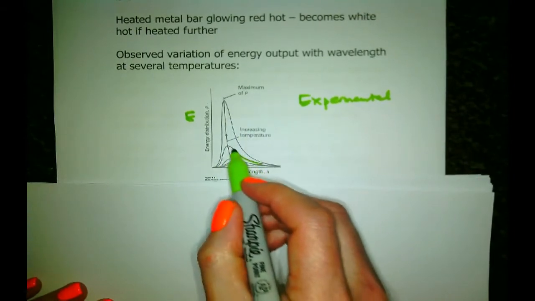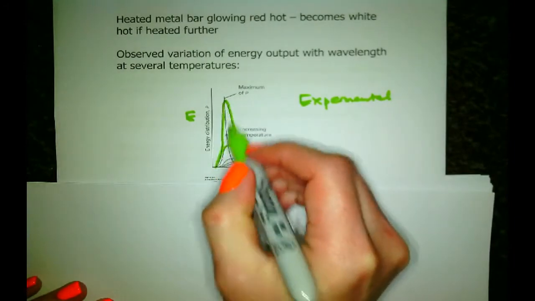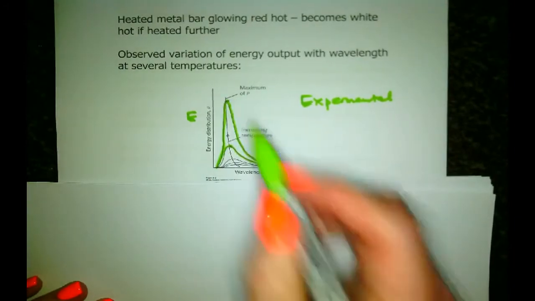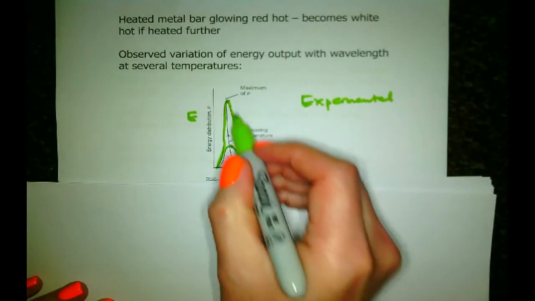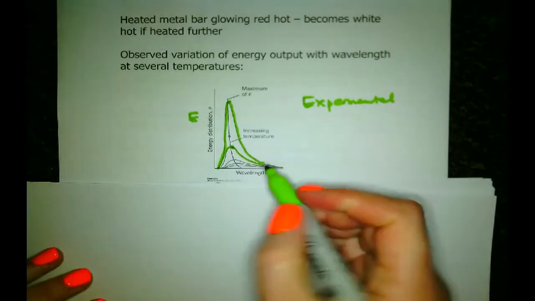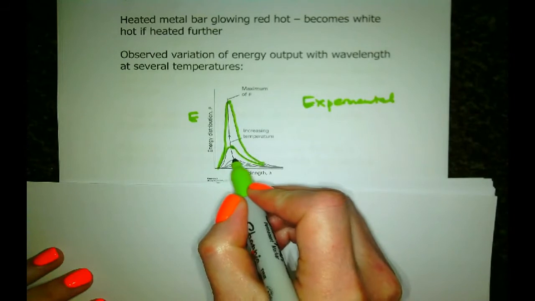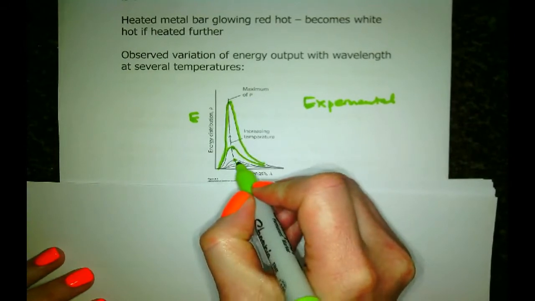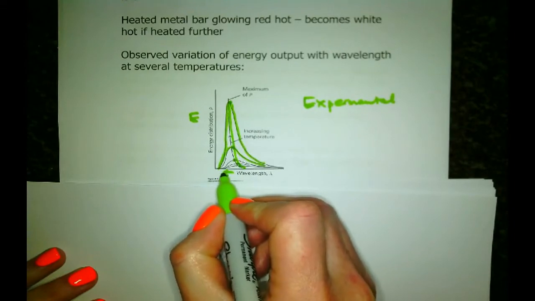So the higher the temperature, the higher the maximum point of this graph. That will be a lower temperature graph, this will be a higher temperature graph. You'll also notice that as the temperature increases, the maximum of this peak moves towards the left, so to lower wavelengths.